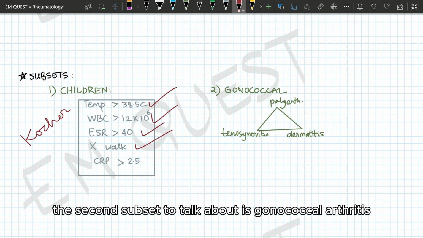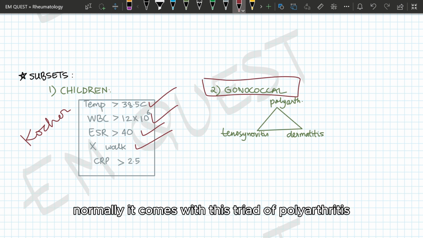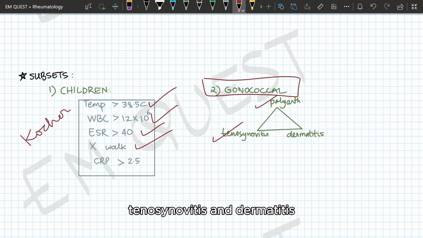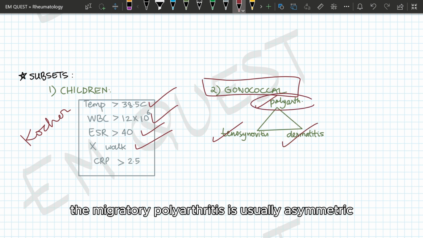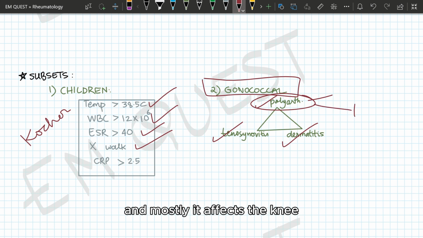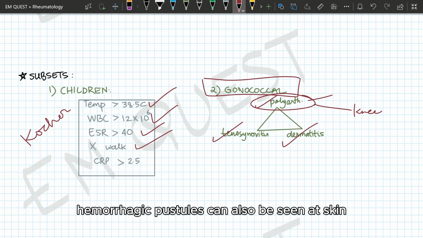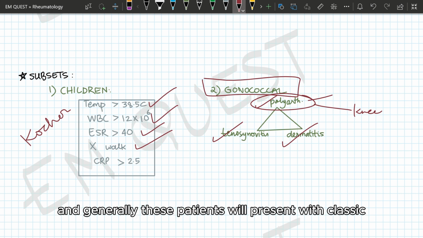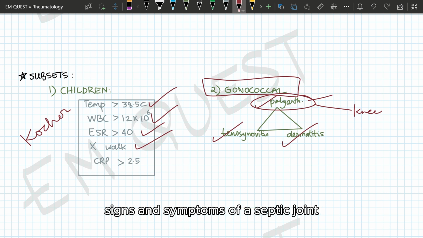The second subset to talk about is gonococcal arthritis. Normally it comes with this triad of polyarthritis, tenosynovitis and dermatitis. The migratory polyarthritis is usually asymmetric and mostly it affects the knee. Hemorrhagic pustules can also be seen at skin, and generally these patients will present with classic signs and symptoms of a septic joint.